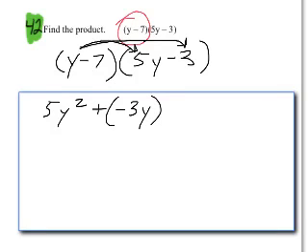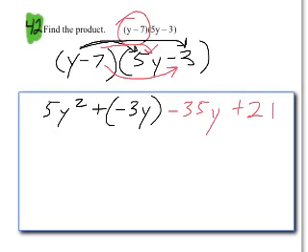Okay, so now we're going to take our second one, multiply the negative 7 times 5y, and we get a negative 35y. And then we take that negative 7 and we multiply it times the last term. Negative 7 times the negative 3 is positive 21. Now all we have to do is combine like terms.